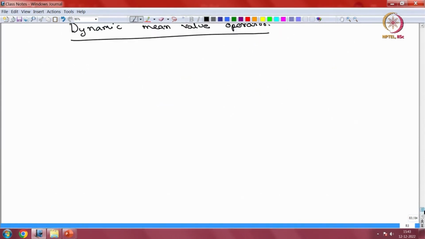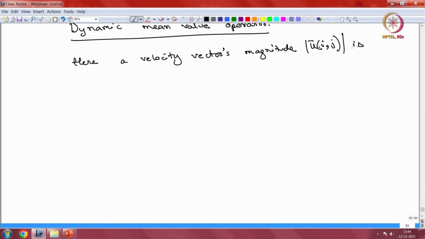Now, in this technique, what we do is, the magnitude of a velocity vector, which is basically nothing but this quantity u i,j, is compared with its average value over its nearest neighbors.